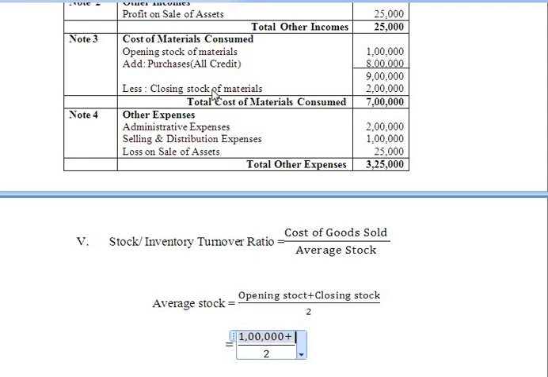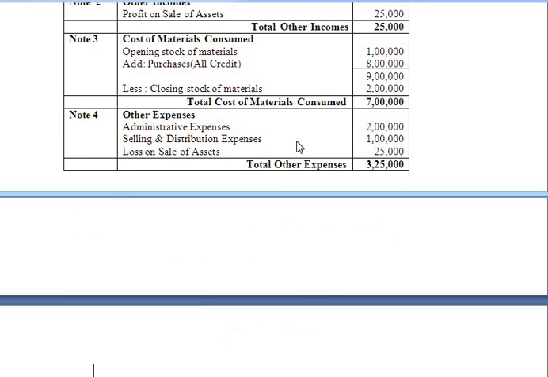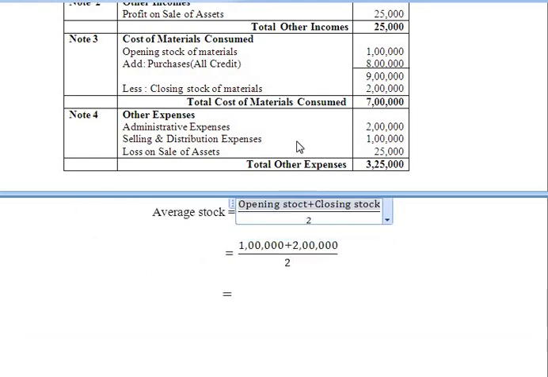See here, less closing stock of materials is 2 lakh. So 1 lakh plus 2 lakh divided by 2 is equal to how much? 1,50,000. Got it?